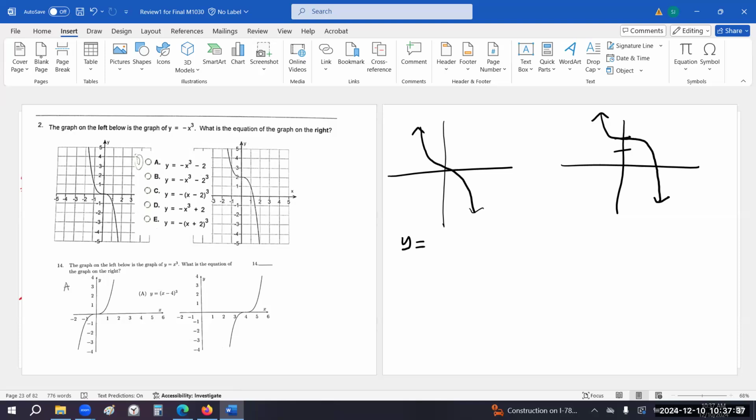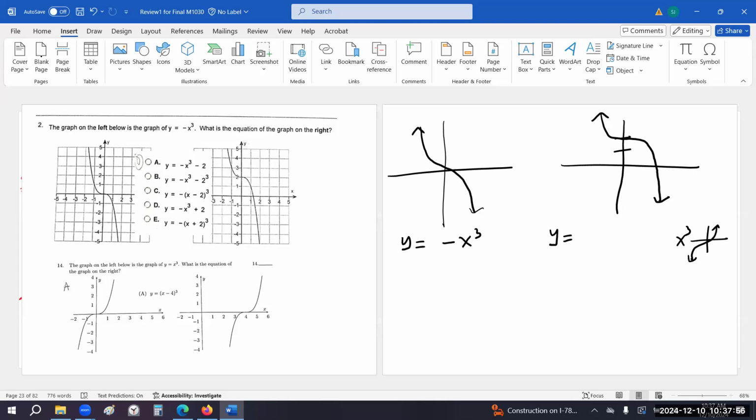Only x cubed? It's negative x cubed. Because the original x cubed has this shape, but this is the reverse of the original one. So it's negative x cubed.